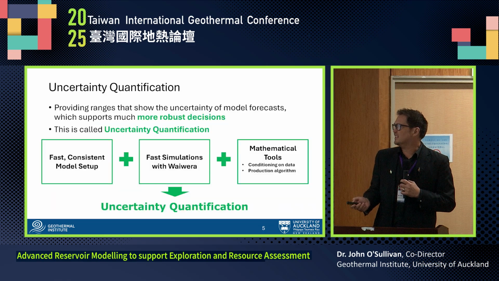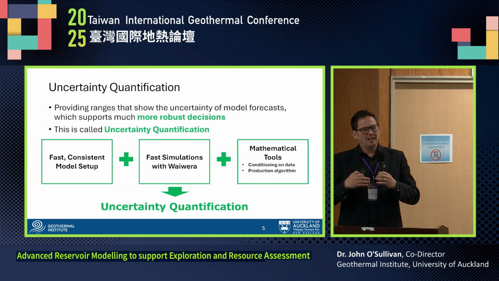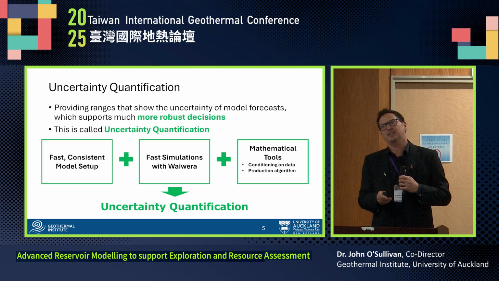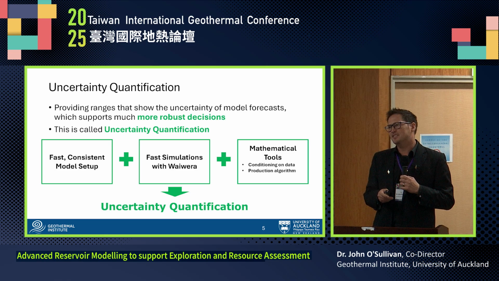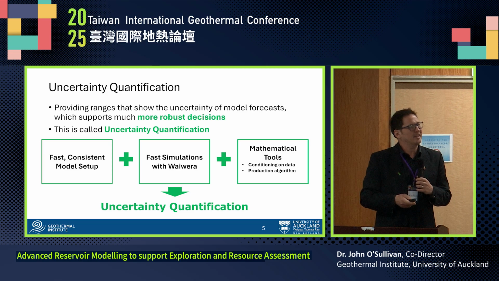And so that ability, uncertainty quantification, means that we can produce forecasts that give a range of options. And that's key for making robust decisions. Instead of saying we're going to produce 20 megawatts, we can say the P90 is that we are going to make 15.